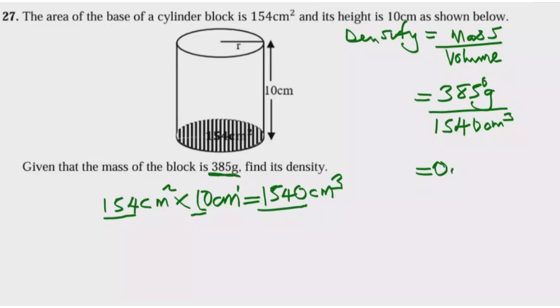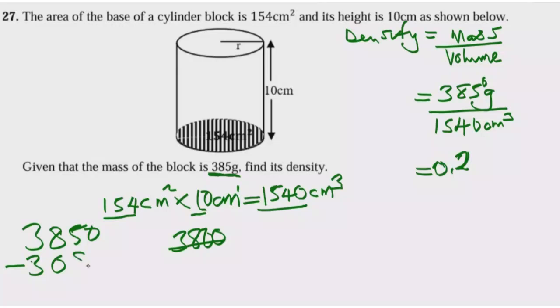Then we say 1540 will go how many times in 3850? It will go 2 times, if I'm not mistaken. So 3850 minus 3080 should give us how many? That is 0. 3, we say 15, that is 7. Here we are remaining with 7.